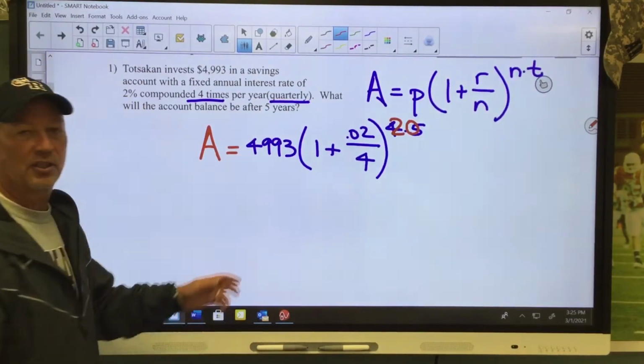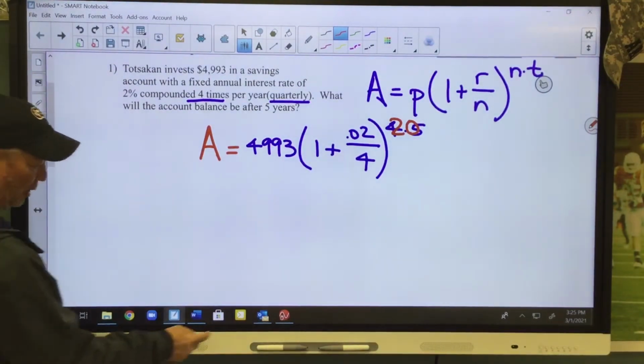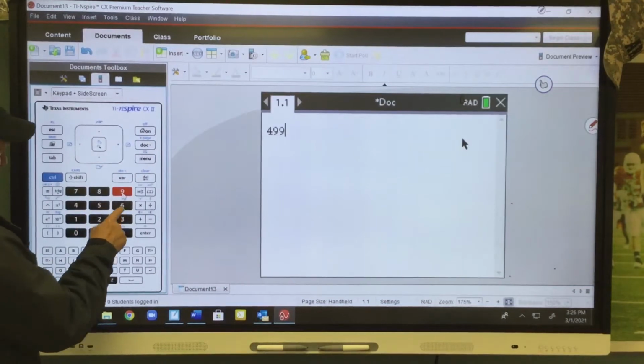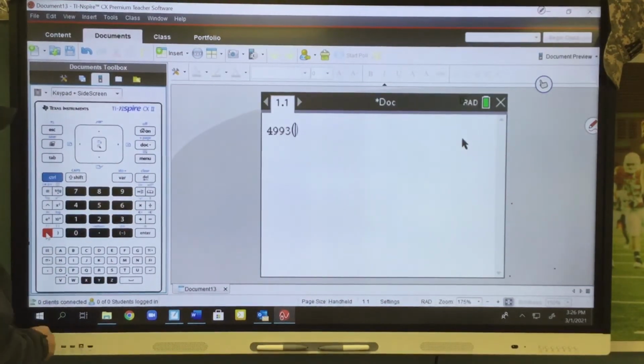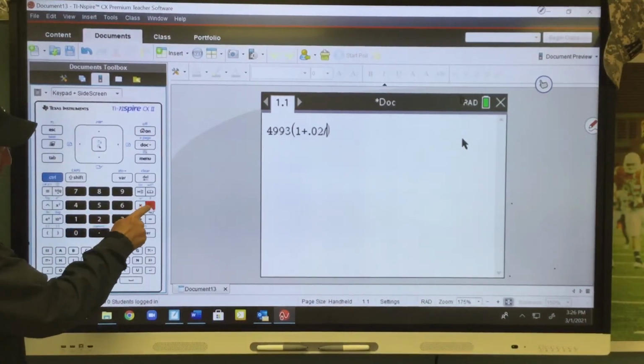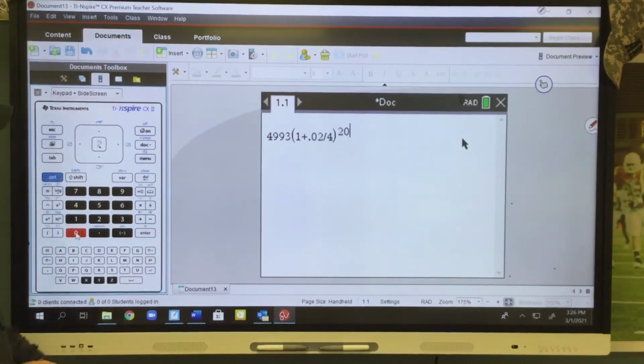So let's just put this in our calculator and let it do the work for us. In our calculator, we're going to say 4,993, parentheses, 1 plus 0.02 divided by 4 because it was quarterly, close it, and we're going to raise this to the power of 20 because 4 times 5 is 20.